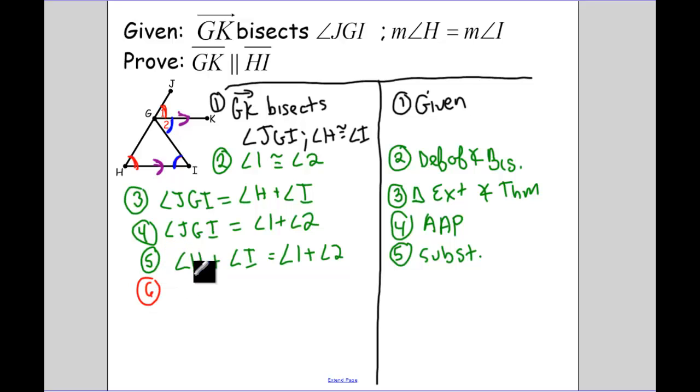So I know if I substitute in for I there, since H and I are equal, I can substitute in, and then 1 and 2 are equal, so I can substitute in for angle 1 there, angle 2. So that is substitution.